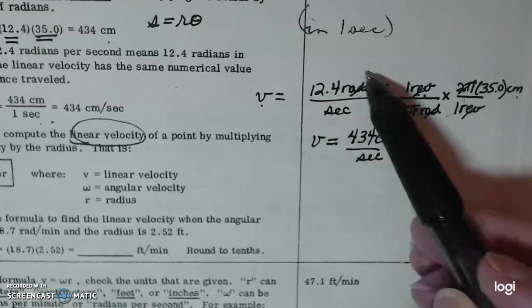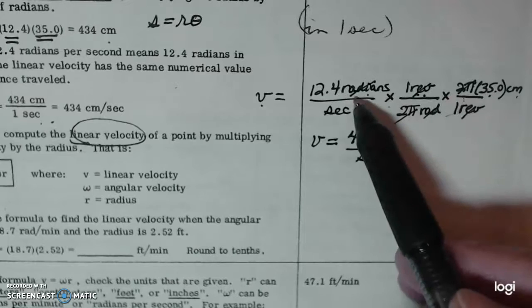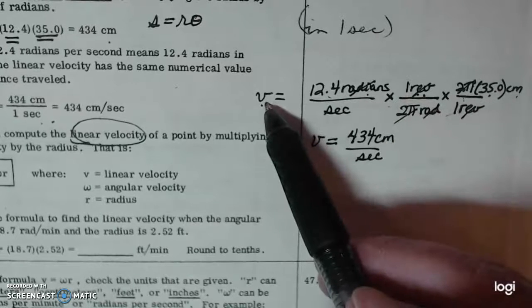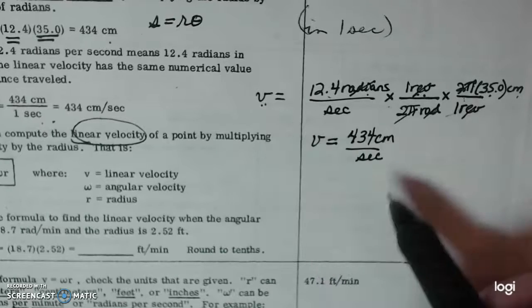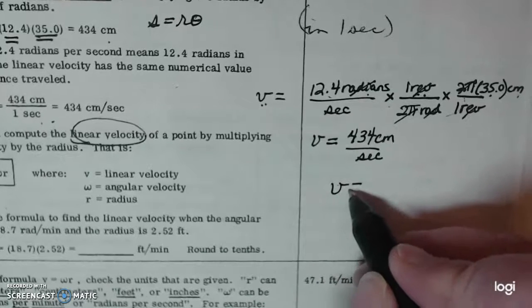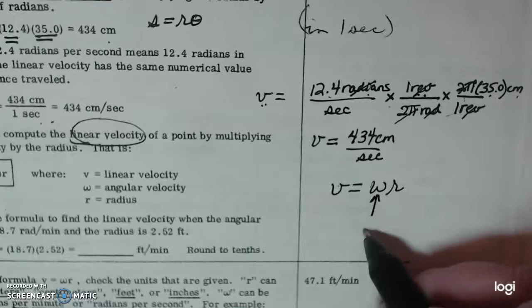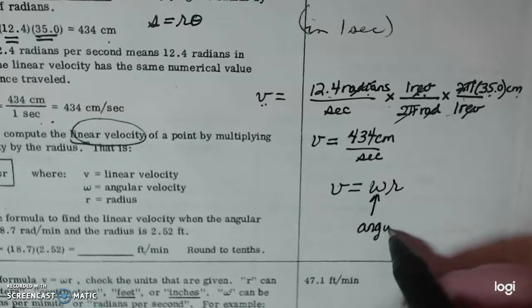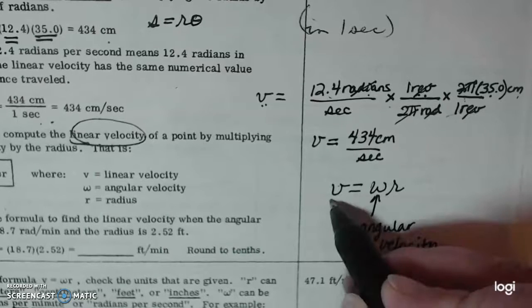So angular velocity times radius, if you happen to have those two values, you can find linear velocity straight from those two. And that's what this particular formula helps you accomplish. Angular velocity times radius will give you linear velocity, and that's very helpful.